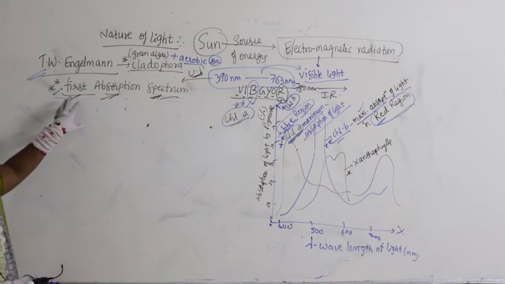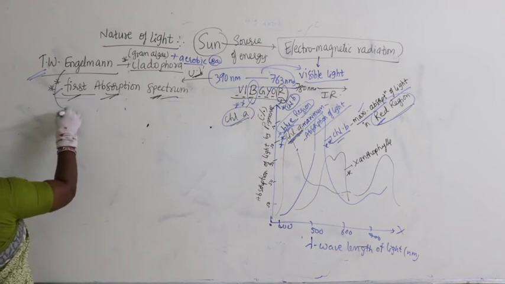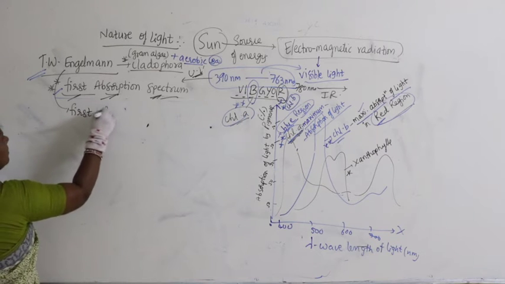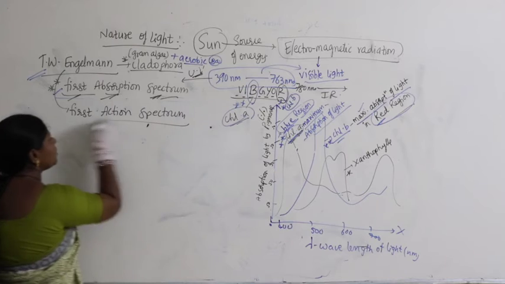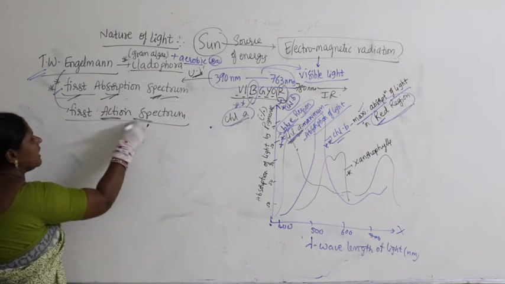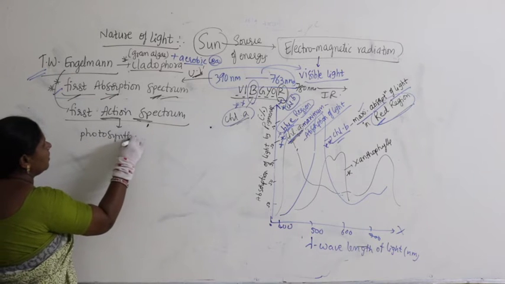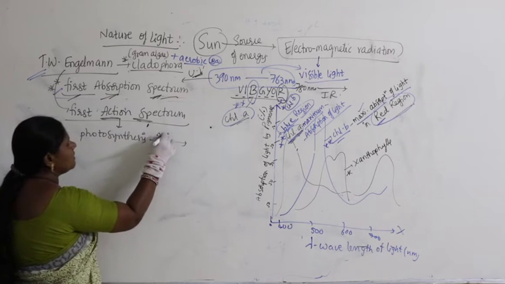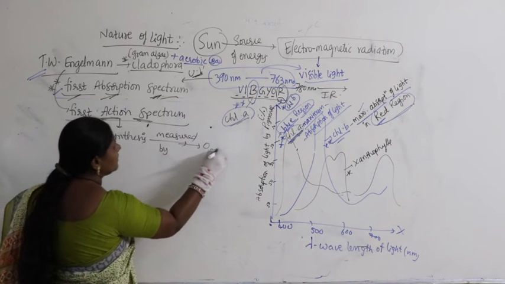So when you take the absorption spectrum, this is followed by the action spectrum. Why do you call this the action spectrum? Because photosynthesis is measured by oxygen release.